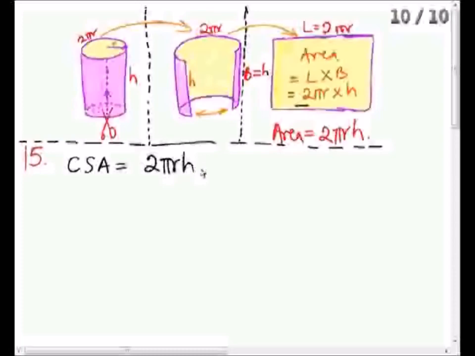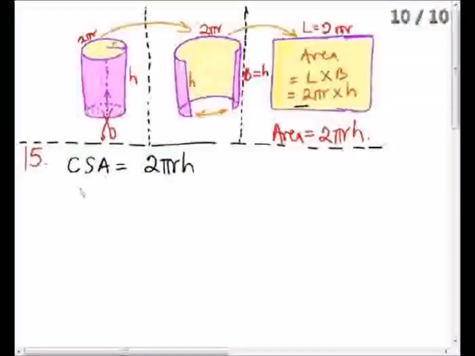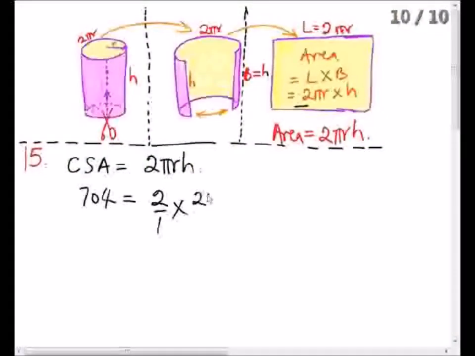That is, the curved surface area given as 704 is equal to 2 over 1 times the given value of pi, 22 over 7 times the given radius over 1 times the height that we're expected to find.